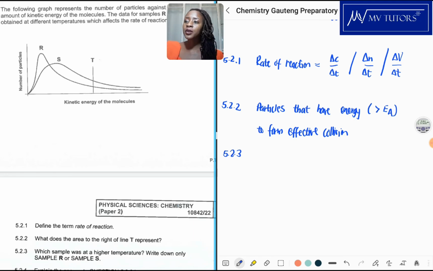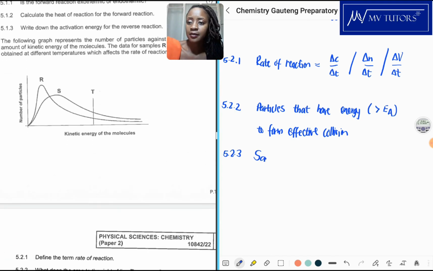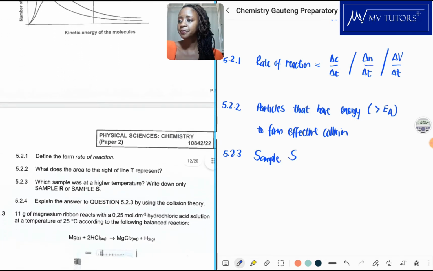If I look at R, the area to the right of line T is actually smaller than S. So R is probably still a little bit cold, but as the temperature is increased, you get to S. So S is the one with the higher temperature. So sample S. They just said we can write R or S, but let's just say sample S.